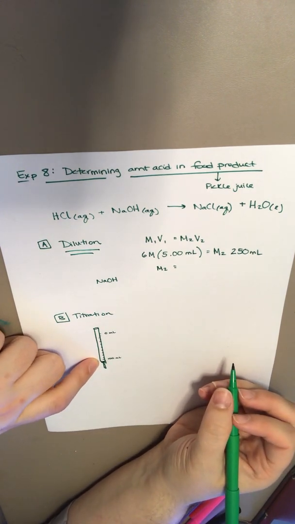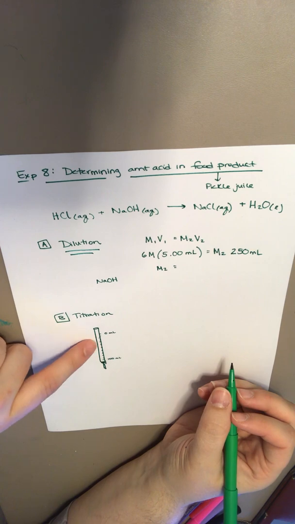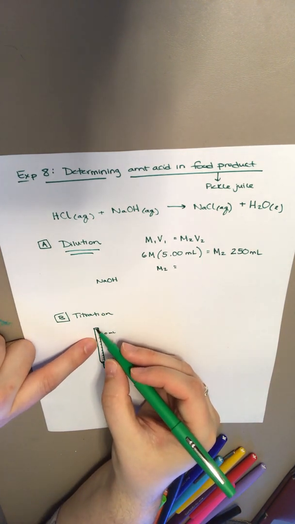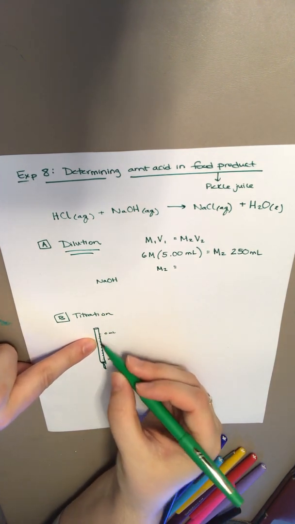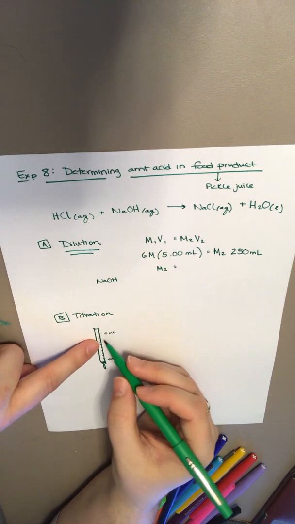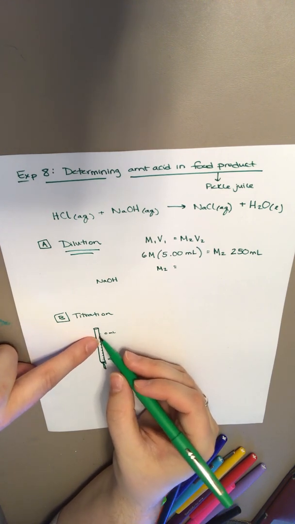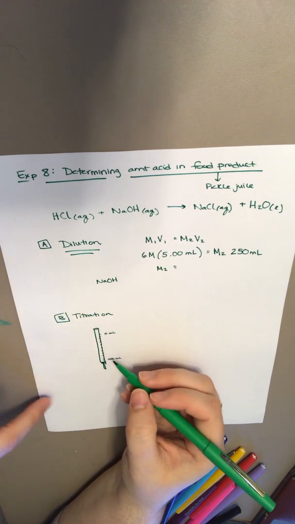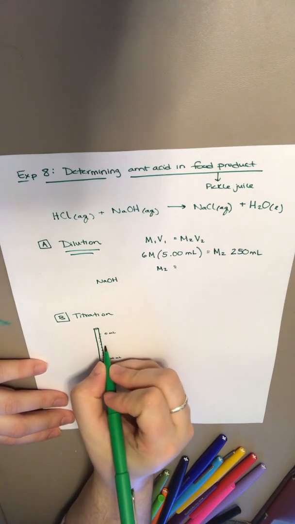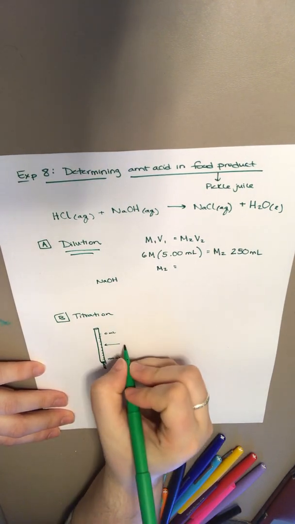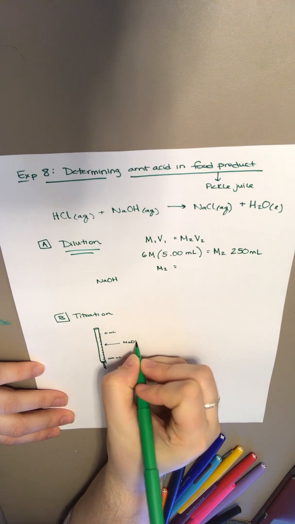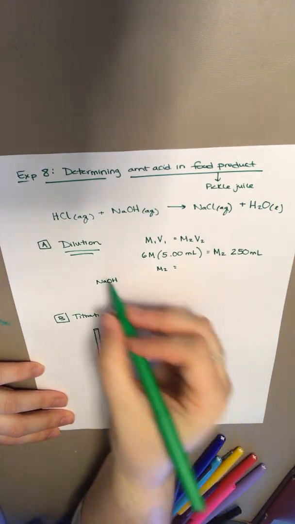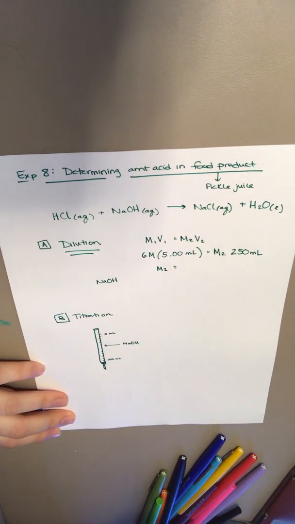The reason is so we can easily do our subtraction, because anything we put into this burette is going to be drained out, so it's easier to take it from 0 than to do the math the other way. This burette would be filled with that NaOH solution that we created in part A.